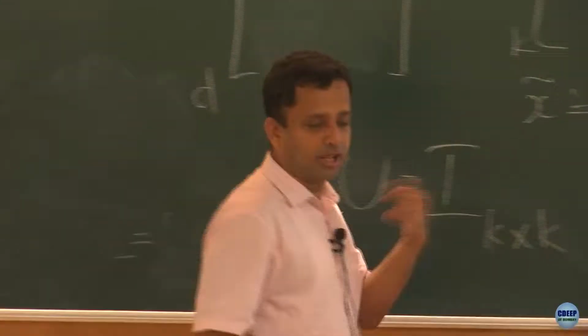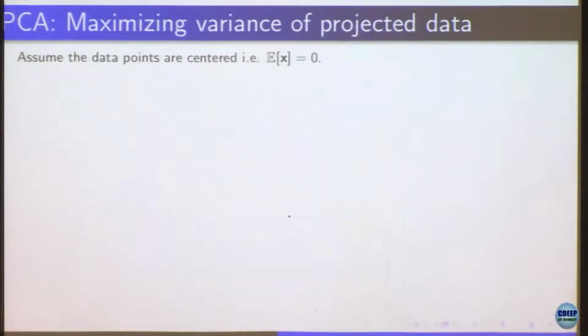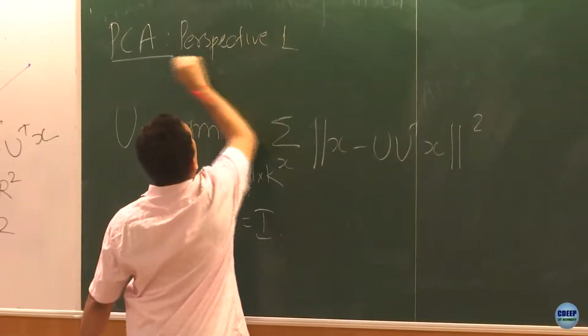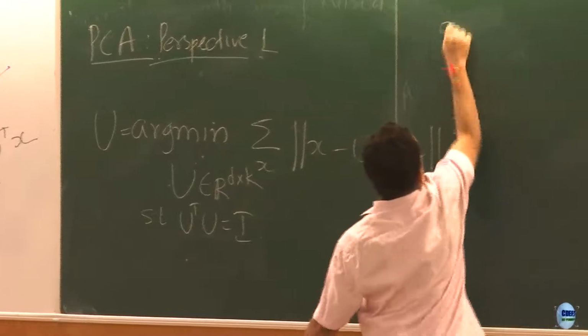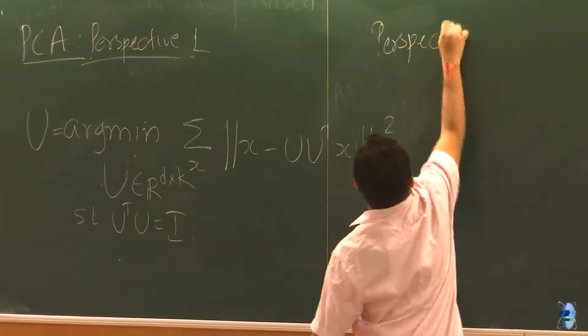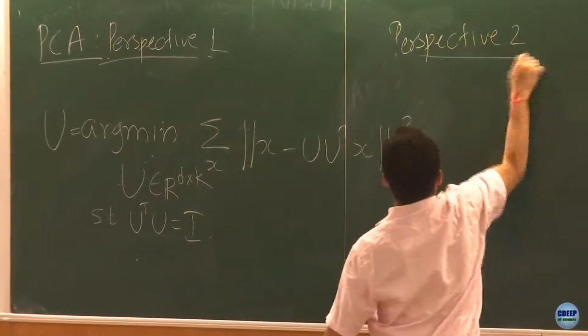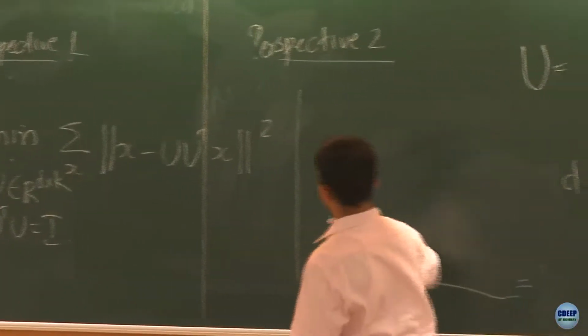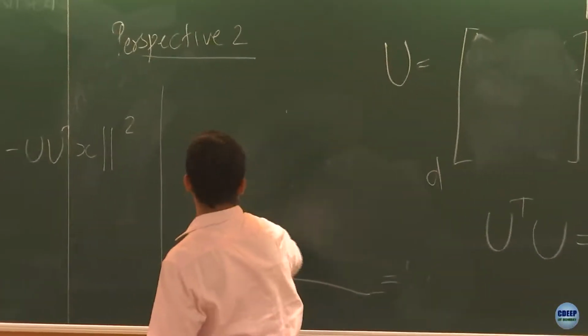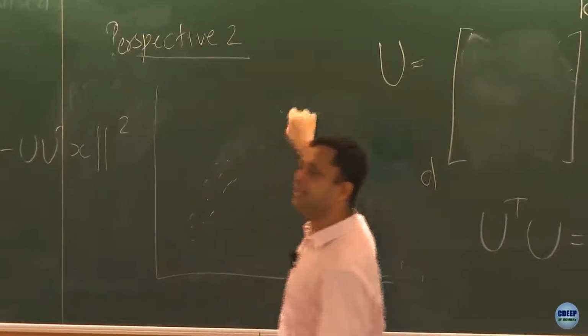It turns out that there is another perspective, which is maximizing the variance of projected data. I'll explain it very intuitively. This is perspective 1, and now look at perspective 2. I'll go back to this figure, and let's say these were the points.